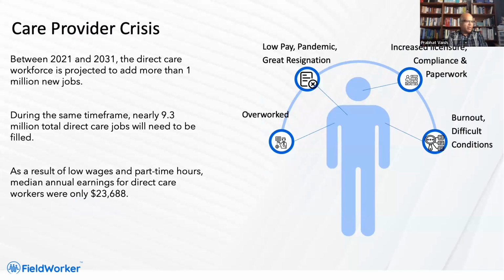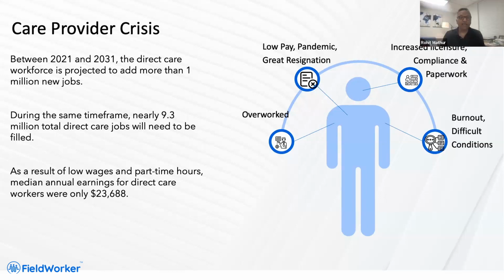They probably are working with tools which are old. In some cases, those tools may be just pen and paper. So a lot of issues, Rohit, that we have seen where this critical worker group is facing problems even when they are available to work, they're overworked.